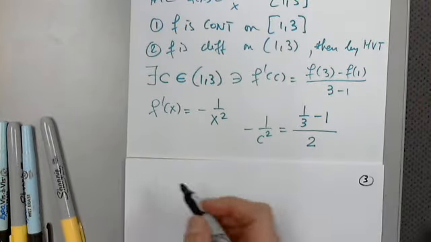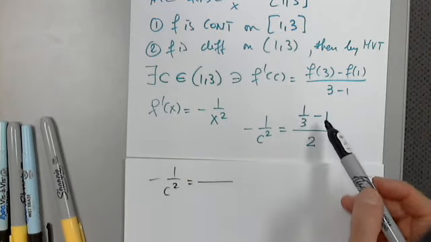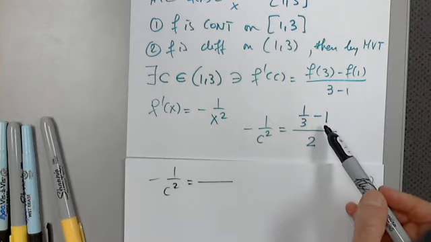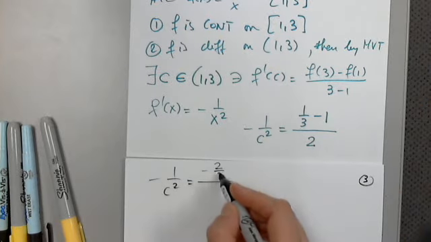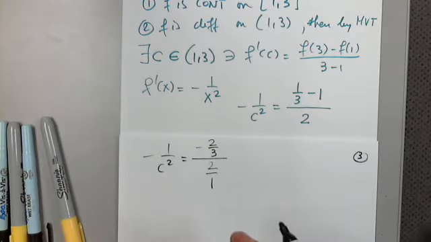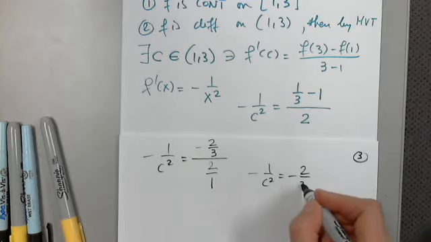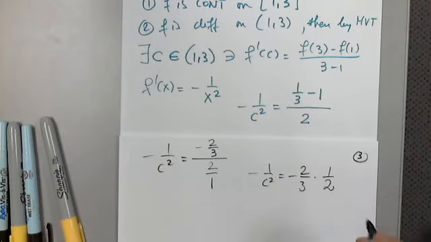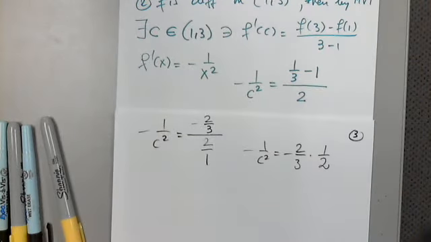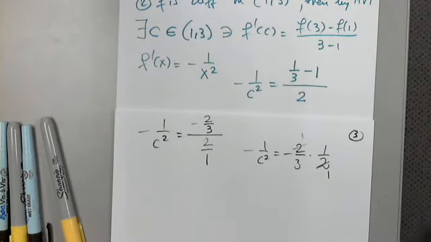Let's see what we get. Negative 1 over c squared equals, the numerator is 1 over 3 minus 3 over 3, right? So negative 2/3 divided by 2 over 1. I'm getting ready to flip the denominator, so negative 2/3 times 1 divided by 2. I will simplify by 2 and at the same time multiply both sides by negative 1.